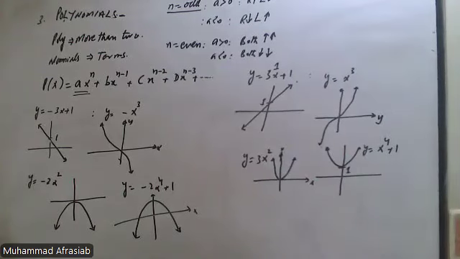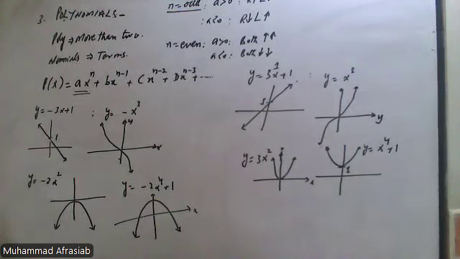You have seen in these examples that the highest power coefficient is either less than 0 or greater than 0, and it all depends upon the highest power, which is odd or even. So if n is odd and a is greater than 0, then the right side will be upward and the left side will be downward.